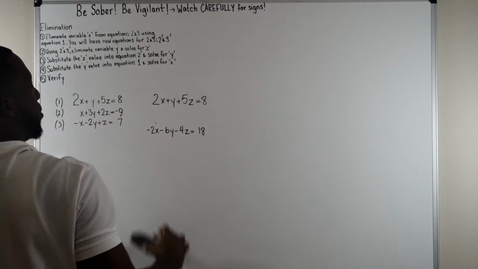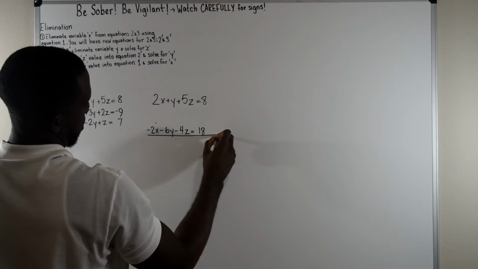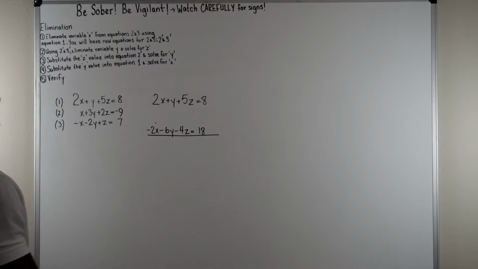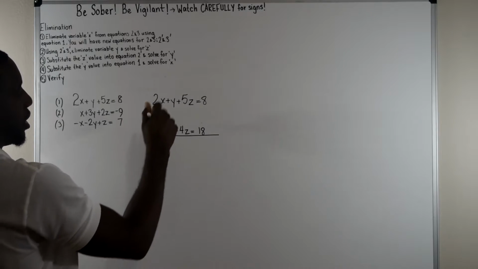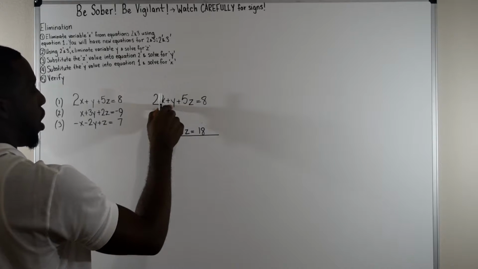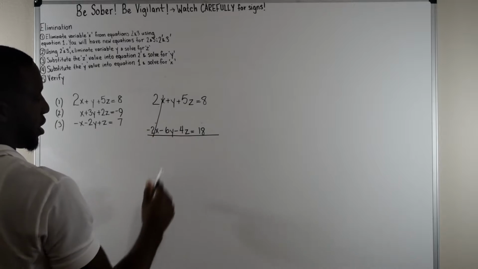Now we can combine them and we can eliminate this x variable. All right. So we got +2x minus 2x is 0. And then we got a +1 and a -6.